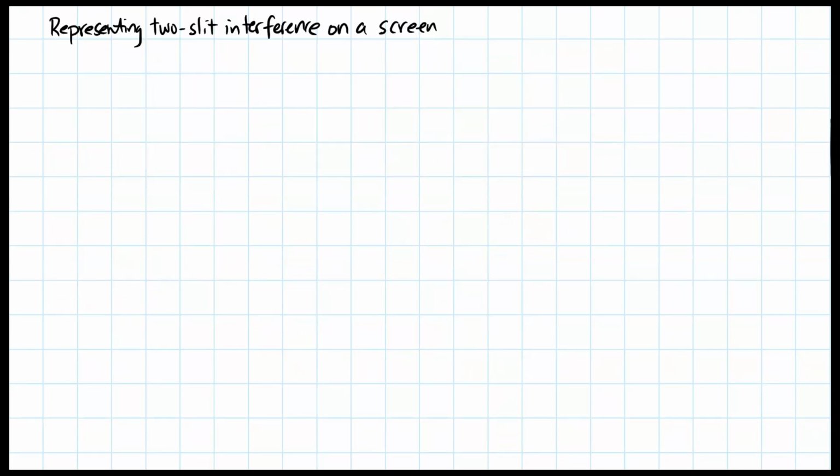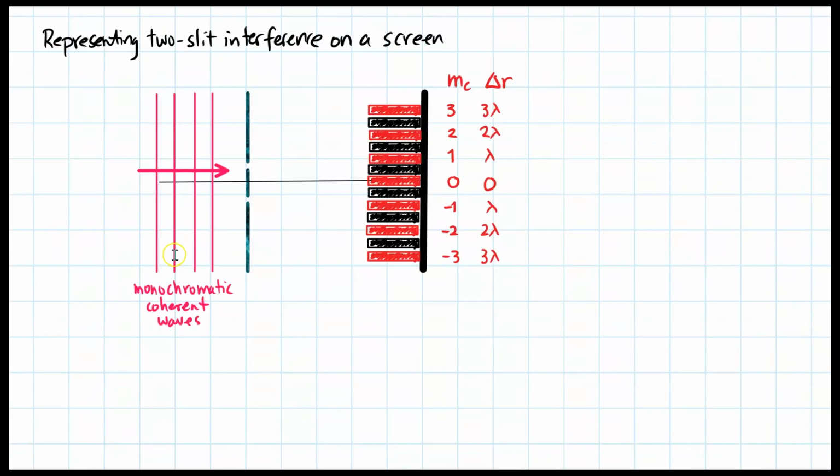Putting this all together, we want to represent two-slit interference on a screen. So I have these monochromatic coherent waves that are going to be coming out of these 2 sources. On a screen, I get a series of bright spots, which are represented by the red, and dark spots, which are represented by the black.